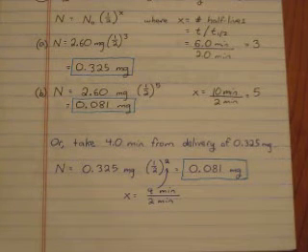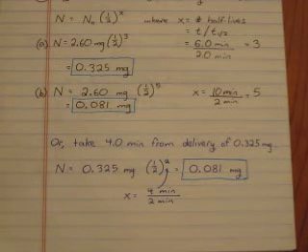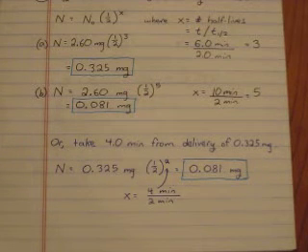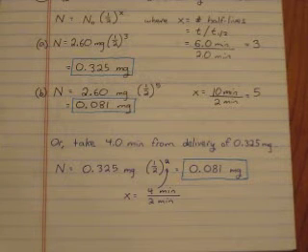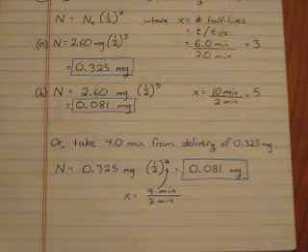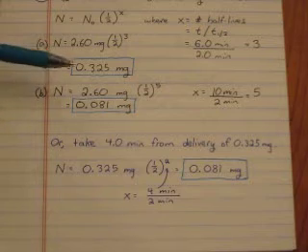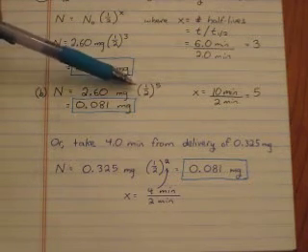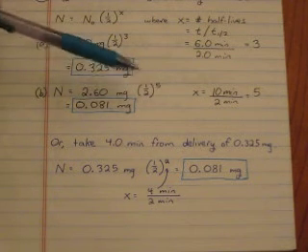Part B then asks, after another 4 minutes, it's injected into the patient. How much does the patient get? So we'll start from 0 time when it was first produced. We can say N equals the original amount, 2.60 milligrams, times 1/2 to the, and what power?